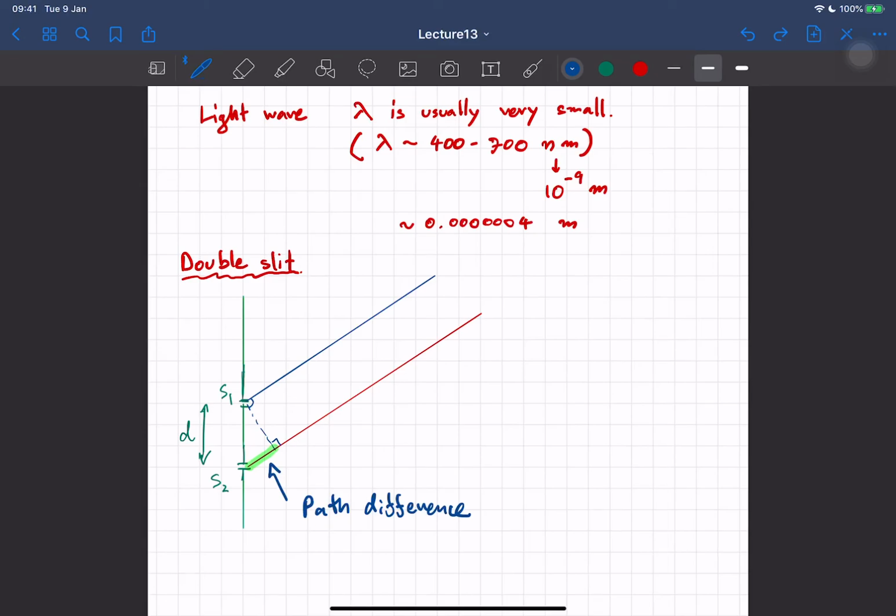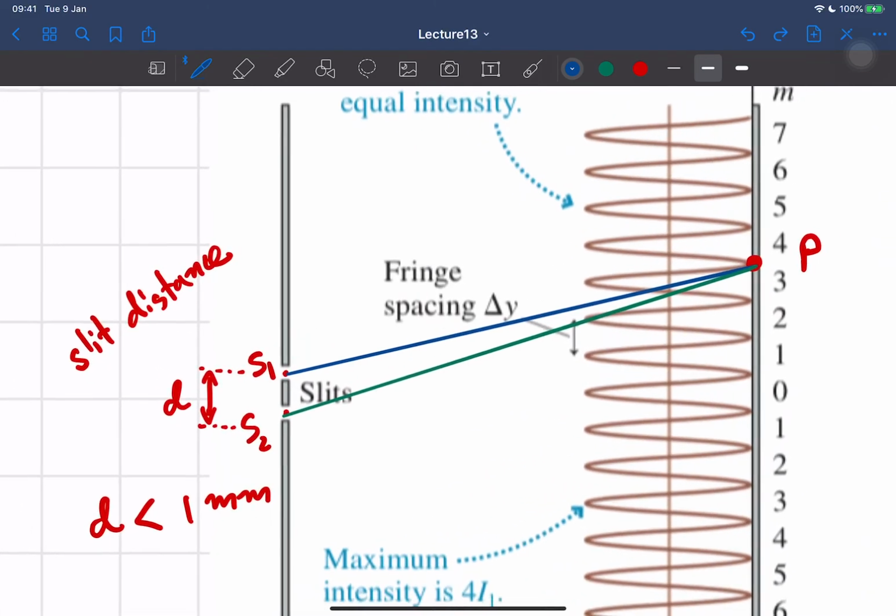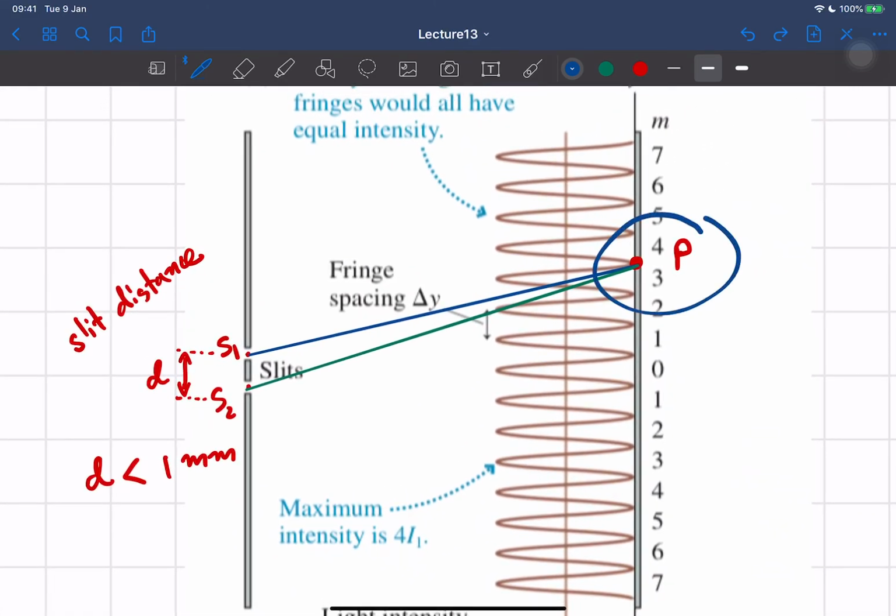So go back to this picture a little bit, where the location of P can be characterized by an angle.